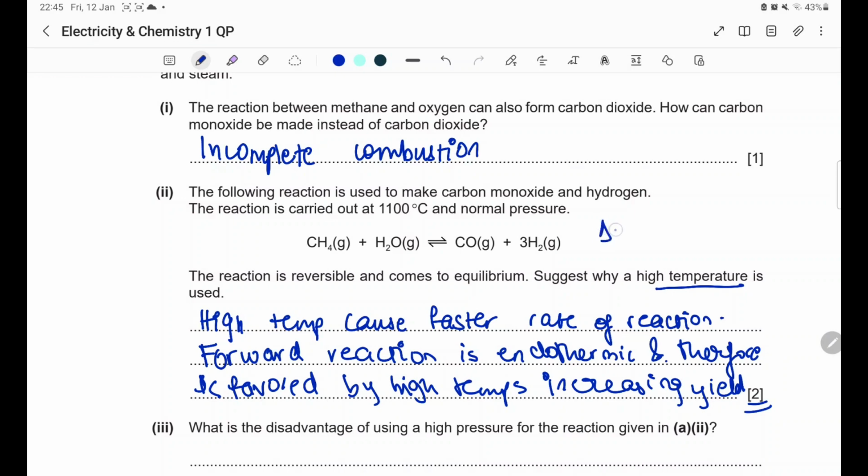They did not give us delta H. But here they just said suggest why a high temperature is used. So you know for a fact that it is a high temperature, and there are 2 marks. That means your reaction rate answer cannot be enough. So you would just have to use your process of elimination or common sense that the forward reaction would have to be endothermic if they are using high temperatures, and therefore your forward reaction is going to be favored, increasing your yield.